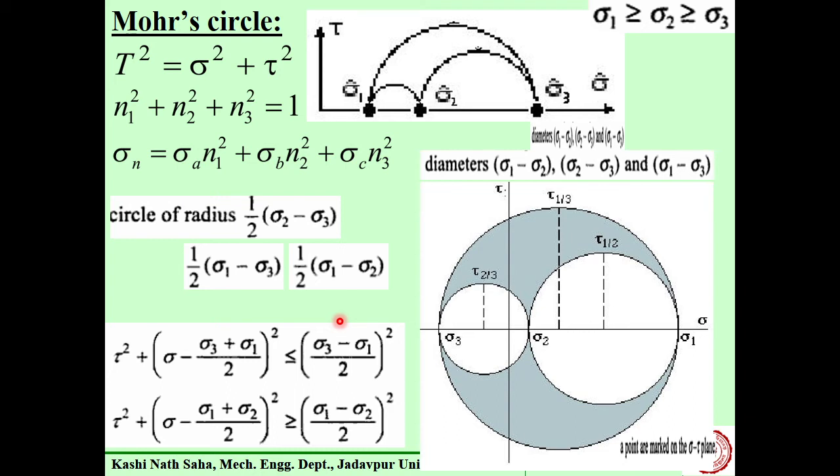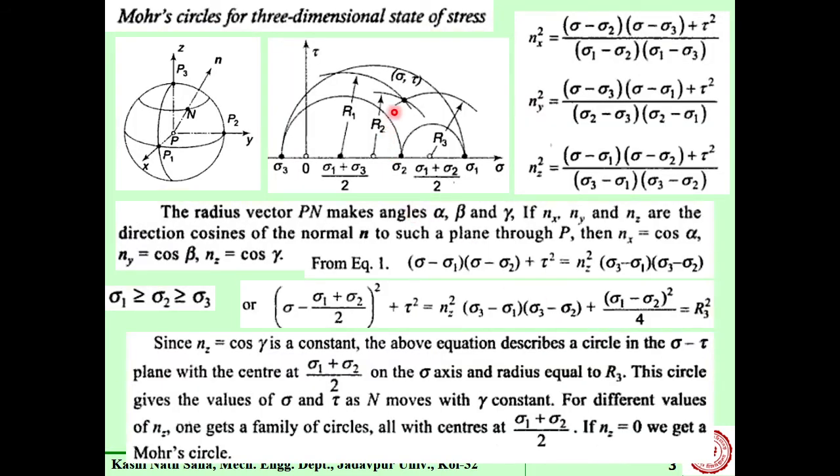Mohr circles we can draw very easily, but we won't find the solution by constructing a Mohr circle and measuring the radii. But you must know this theory part. Is it clear? So this is about Mohr circles for a three-dimensional state of stress.